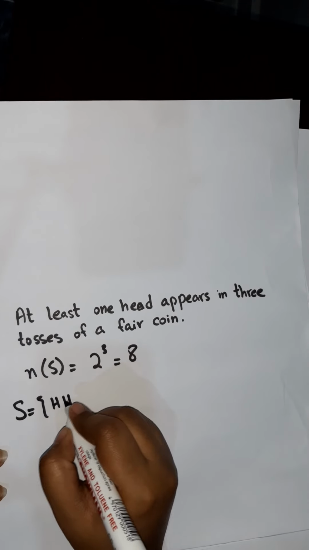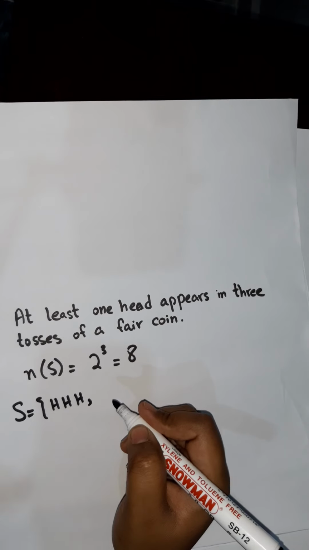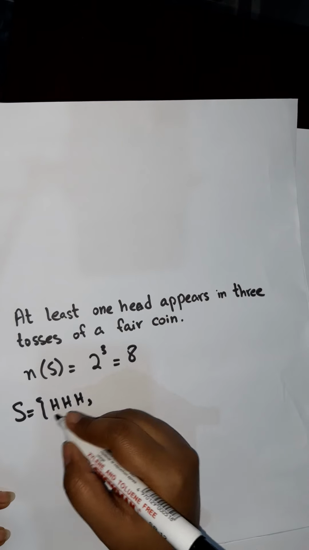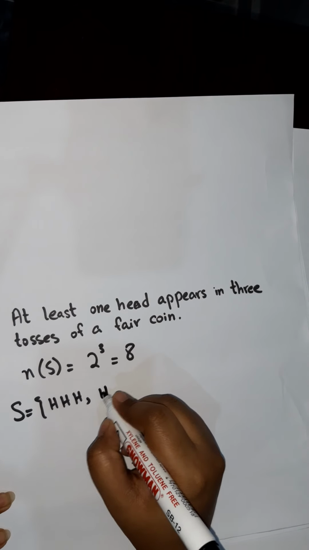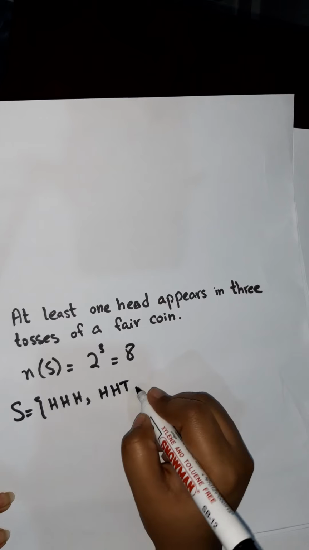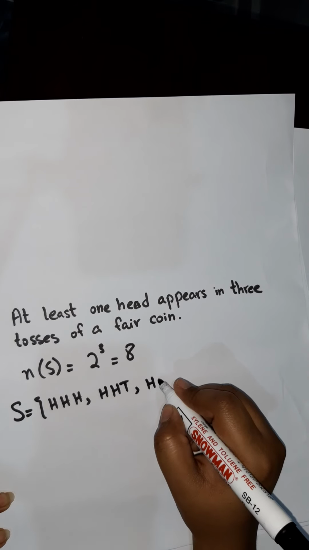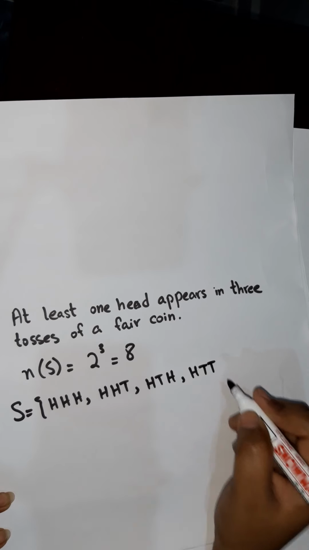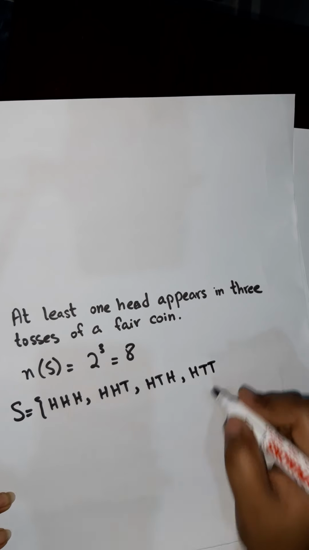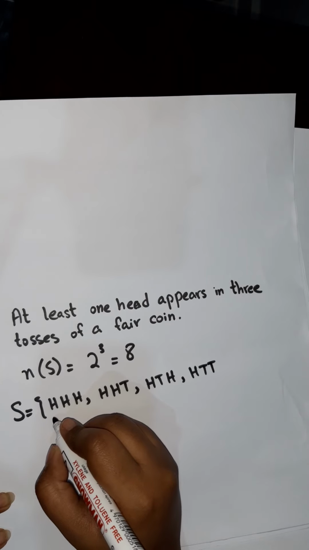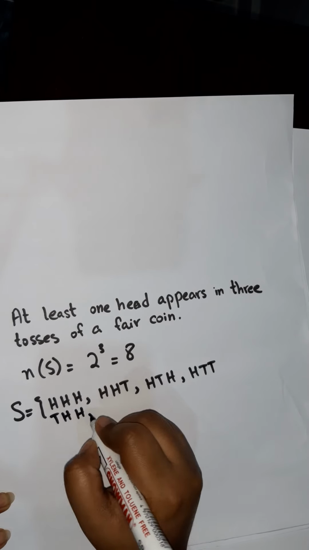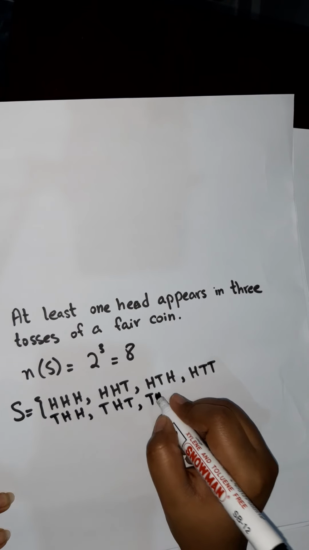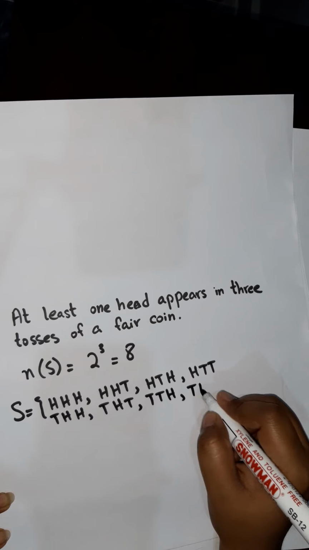Now it is possible that head appears on the upper side of all the 3 coins. Other possibilities are head, head, tail, head, tail, tail, then tail, head, tail, tail, tail, head, and tail, tail, tail.